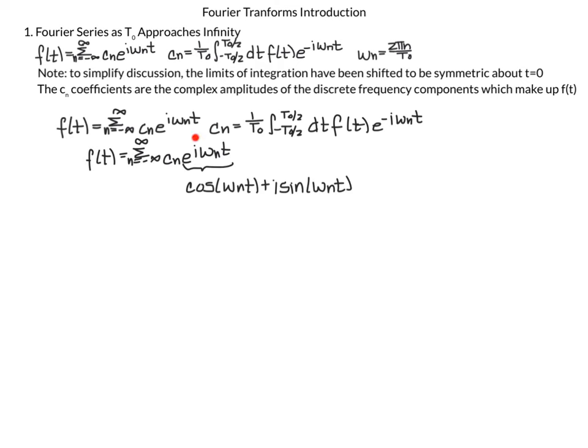And we can see that explicitly because remember, by Euler's formula, e to the i omega n t is equal to cosine omega n t plus i sine of omega n t. Remember, Euler's formula is what allowed us to convert from this exponential form to our sine and cosine, or trigonometric form.